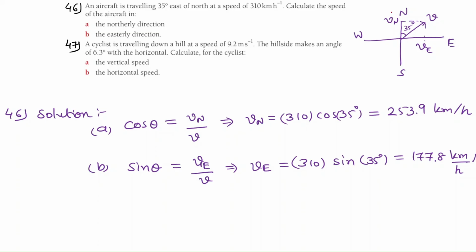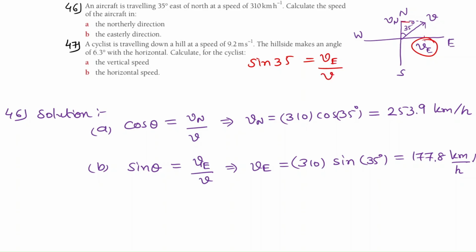So if you want to find Vn, do cos 35 degrees, adjacent value Vn upon hypotenuse, which is already given as 310. If you want to find Ve, take sine 35 and the formula is like this.